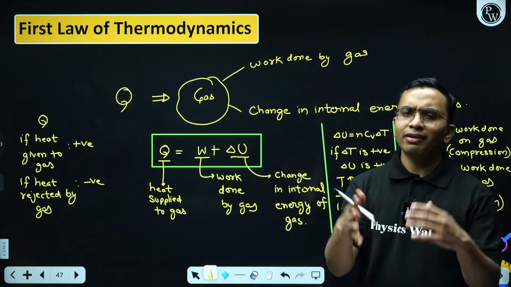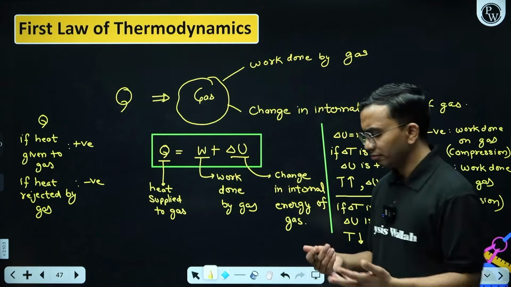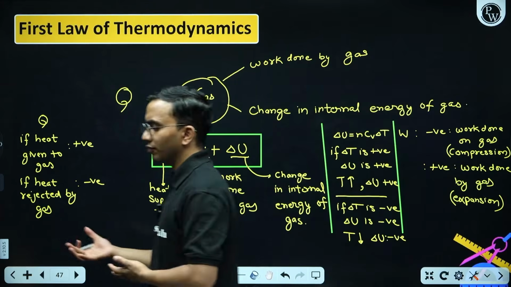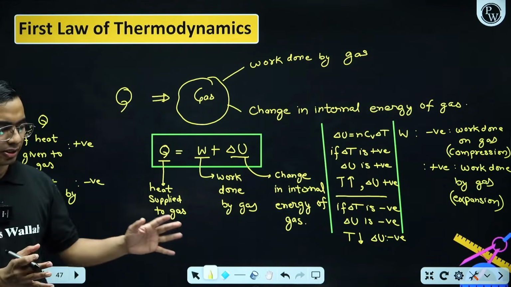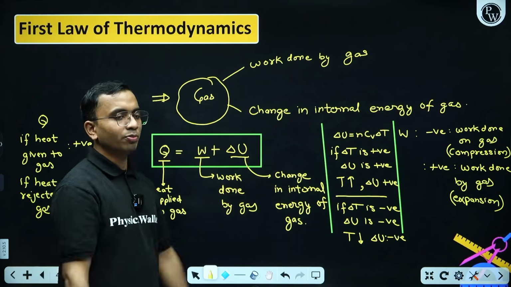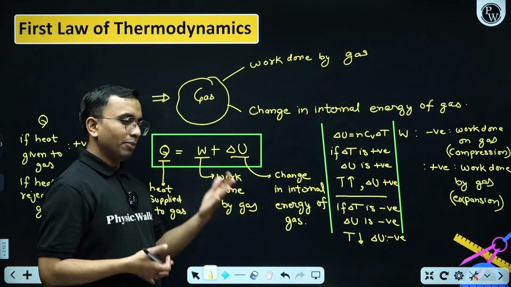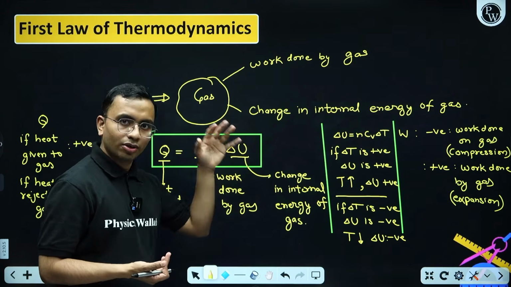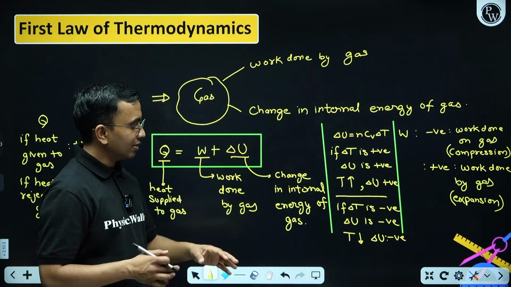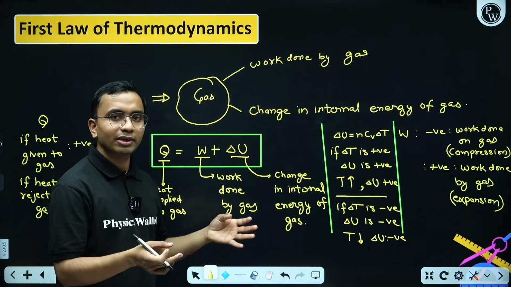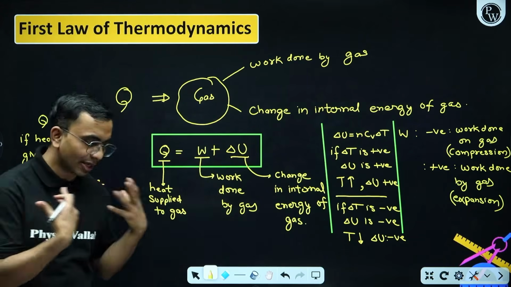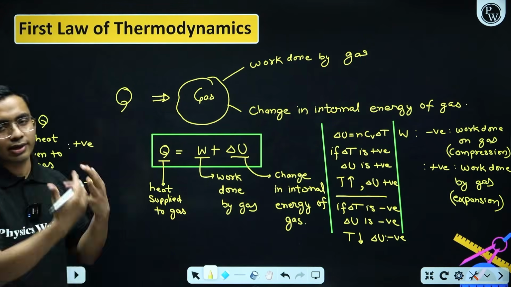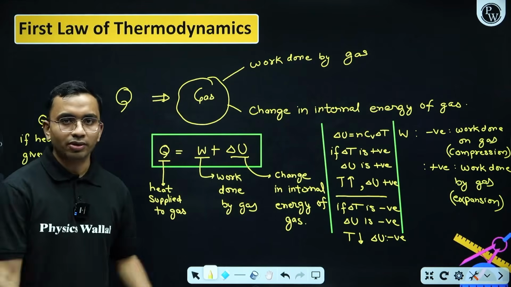It's a simple thing, like conservation of energy. You are giving some energy, and that energy will be divided into two parts. Certainly it depends upon whether it is work done by the gas or work done on the gas, whether temperature is increasing or decreasing, or whether the gas is accepting or releasing energy. So the sign will depend on them.